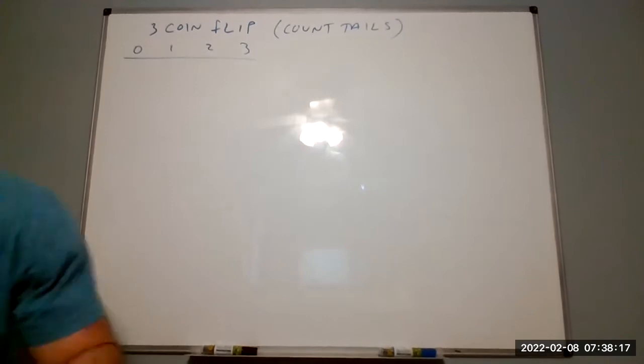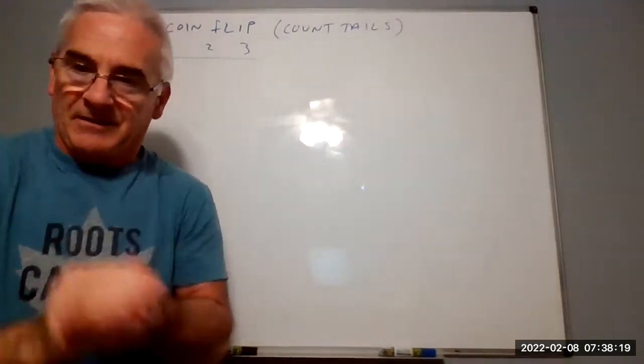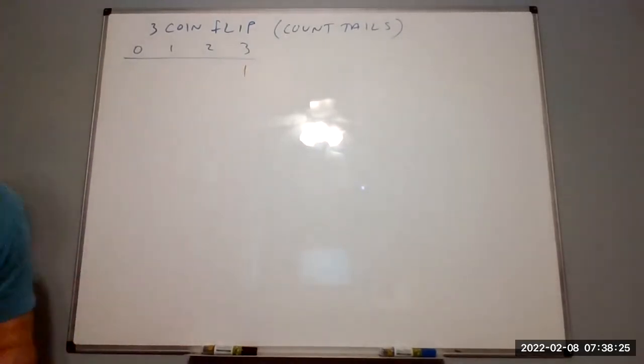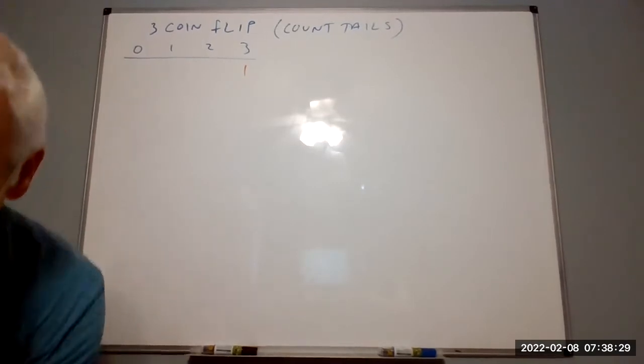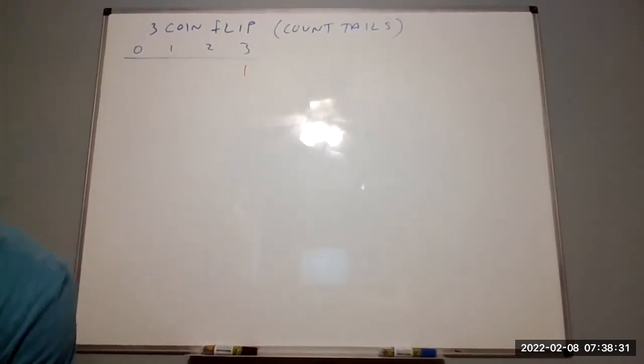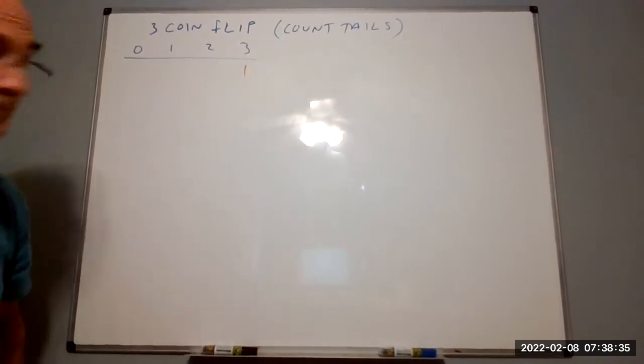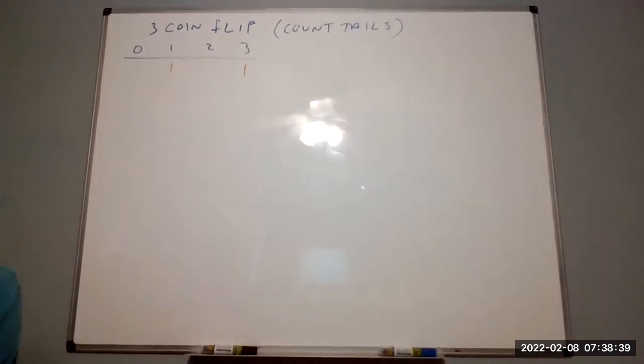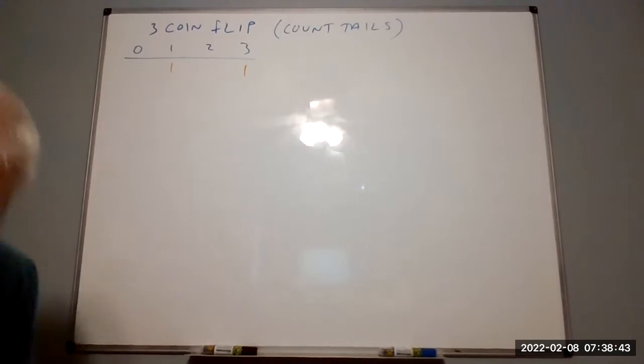Okay, so I'm going to do it off to the side here. First one, I got 3 tails. Wow, on my first try. All right, hold on a second. Let's do it again. I'm going to do this several times. Next time I got 1 tail. Next time I got 1 tail.